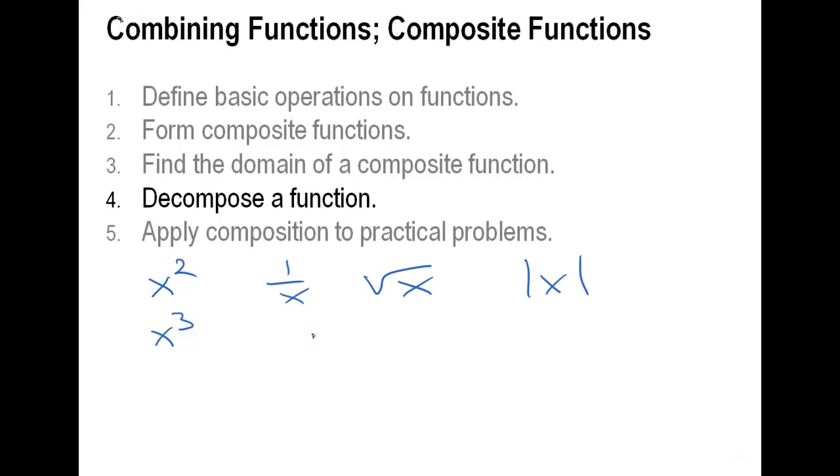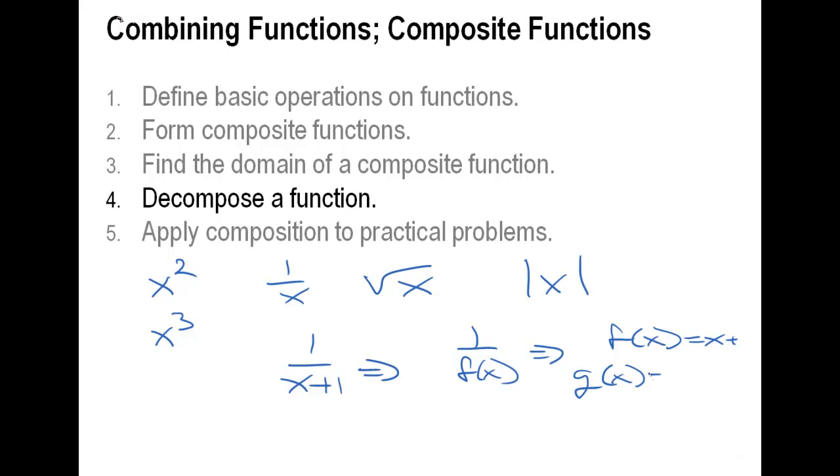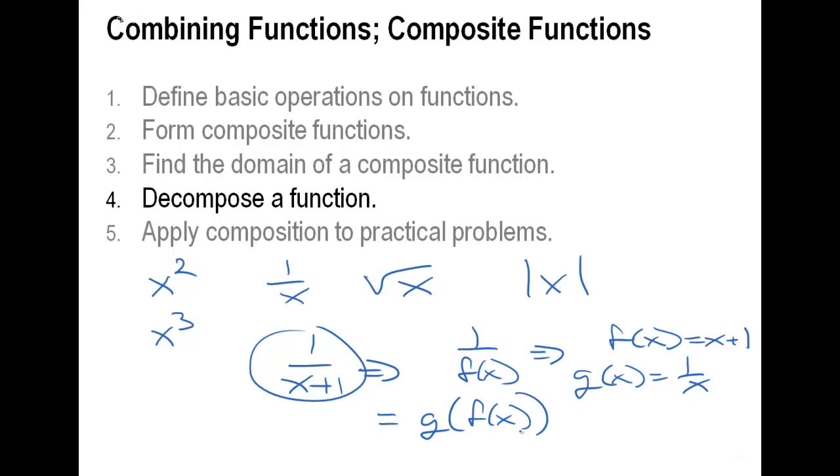So when you look at 1 over x plus 1, hopefully you can see that that is 1 over f of x, where f of x equals x plus 1, and then our g function is just the simple 1 over x. So this ends up being g of f of x, right?